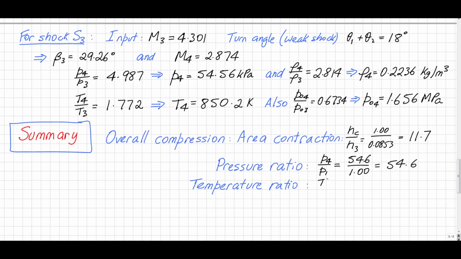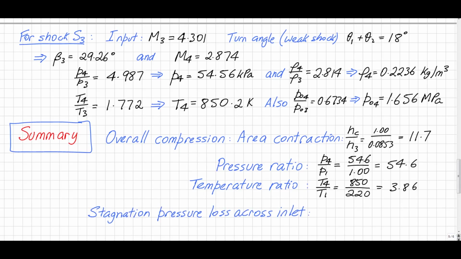We'll look at our temperature ratio, so T4 over T1, and we got to 850 degrees Kelvin in the combustor, and we started off with 220 Kelvin, so that gives us temperature ratio of 3.86.